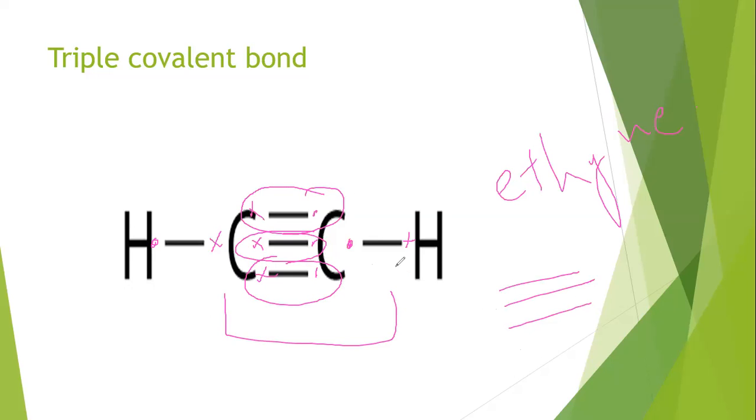We have studied 2 examples: the triple bond between nitrogen atoms and the triple bond in ethyne.